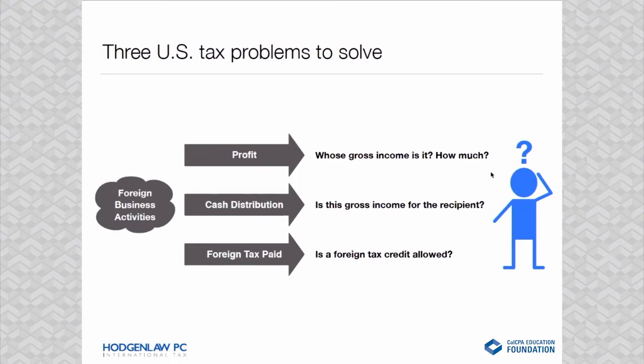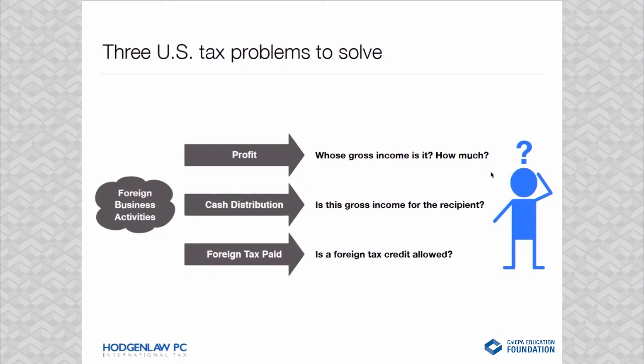First one is profit. One of the happy features of the US tax code is subchapter C, which says a corporation is an independent taxpayer from the shareholders. And then there's subpart F, which says, just kidding, the subchapter C rules don't apply when you have a foreign corporation.